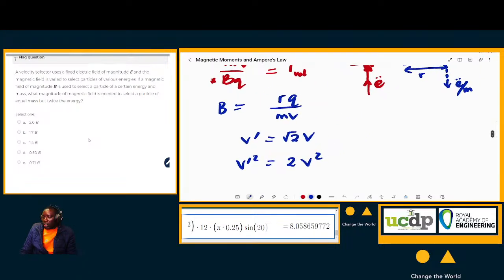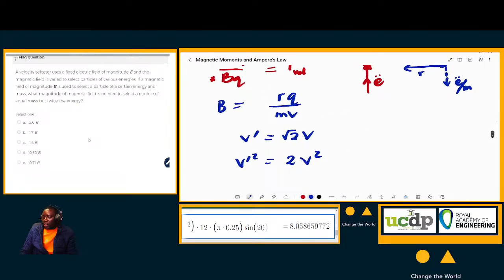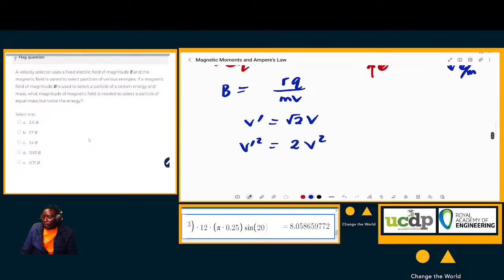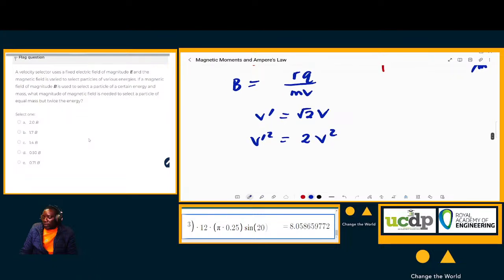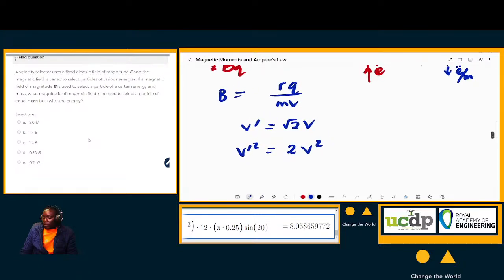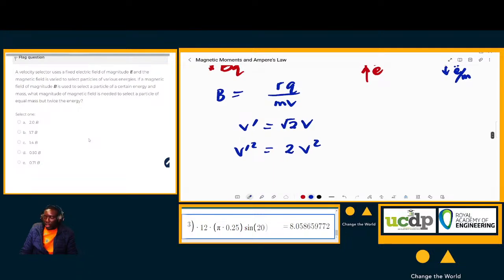So with 2V squared, that is the one that gives us twice the energy.